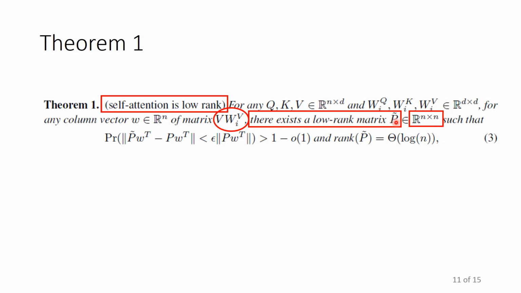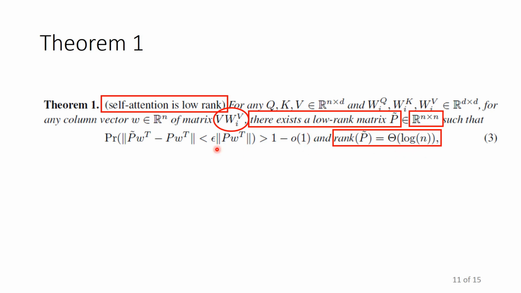And for that P tilde, this equation right here holds. And they claim that P tilde is actually Lorentz. And as you can see here, the rank of P tilde is log of n.